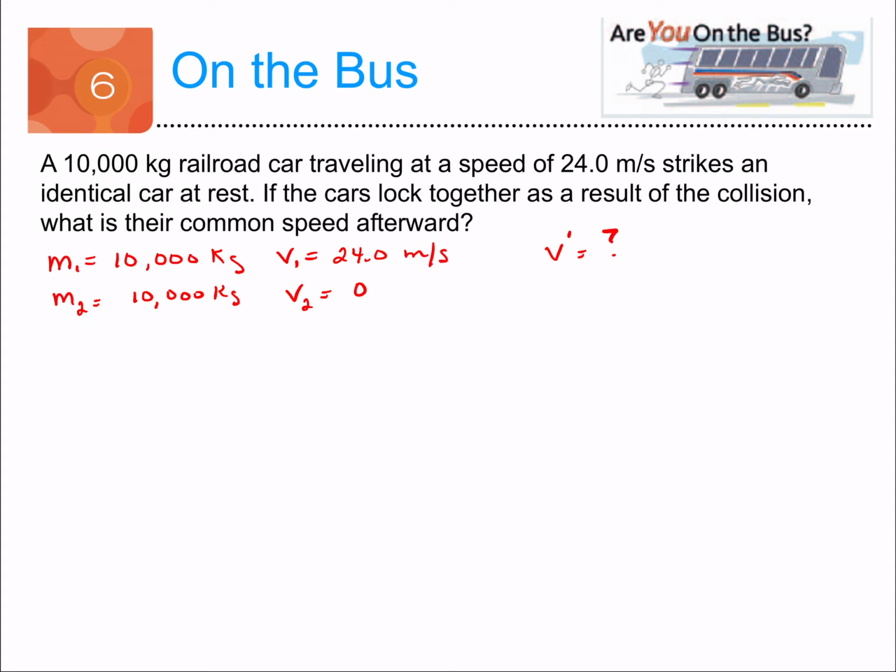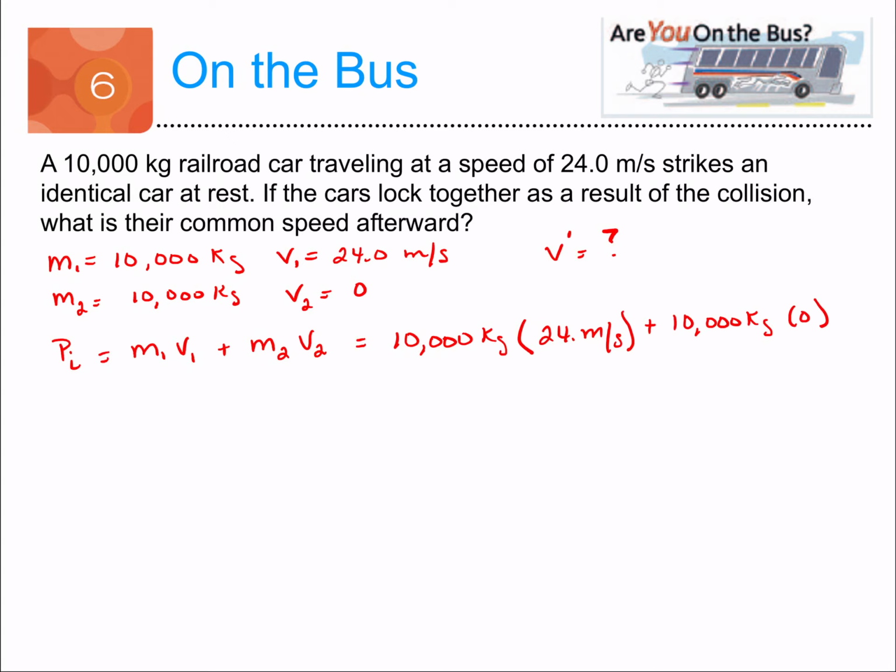We know that our initial momentum is the mass of 1 times the velocity of 1 plus the mass of 2 times the velocity of 2. So we have 10,000 kilograms times 24 meters per second plus 10,000 kilograms times 0.